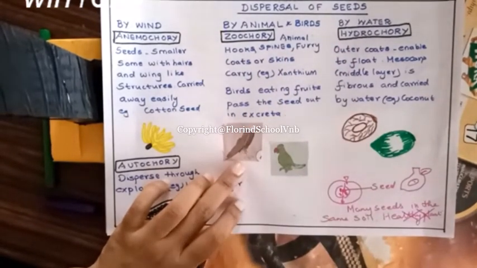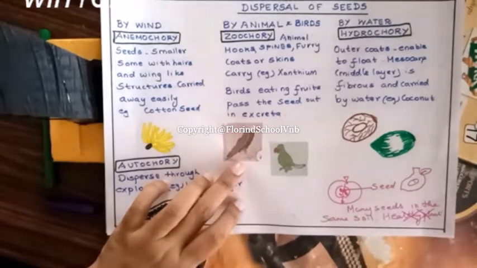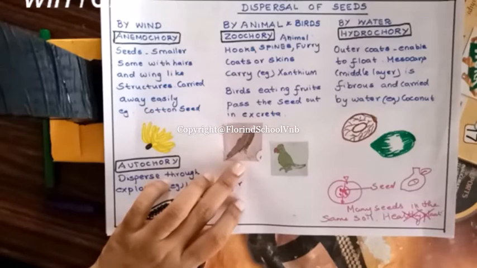Some animals have furry skins, coats. On this skin, some seeds stick to the skins of the animals, and when the animals go from that place to another place, some seeds fall on that place and a new plant arises there.